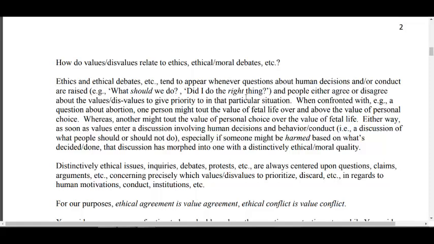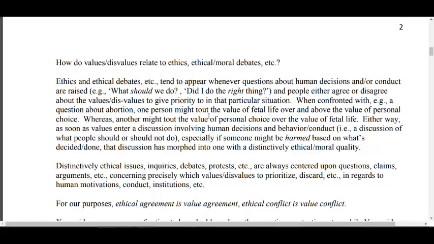That could be just because they disagree about which values to prioritize, which we will see many times throughout the semester. And we will discuss more about how that might play out on whole culture levels during one of the upcoming weeks. But typically, ethical debates appear when there are these kinds of questions.